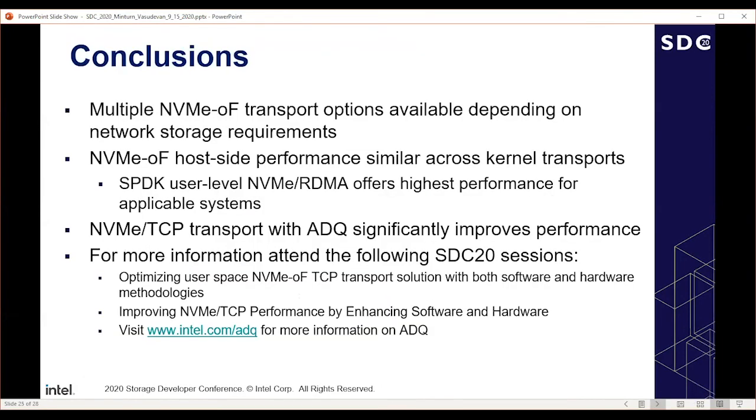So to conclude, hopefully this presentation gave you an overview of the various NVMe over fabrics transport options available, and where they might make sense depending on the specific network storage requirements that a particular deployment may have.